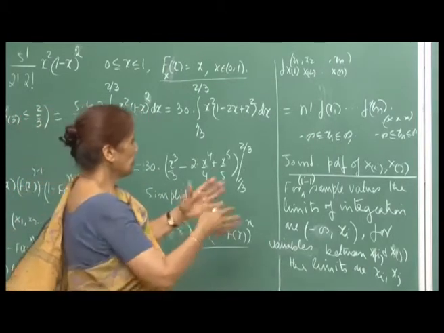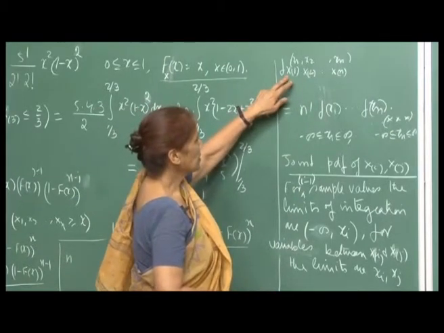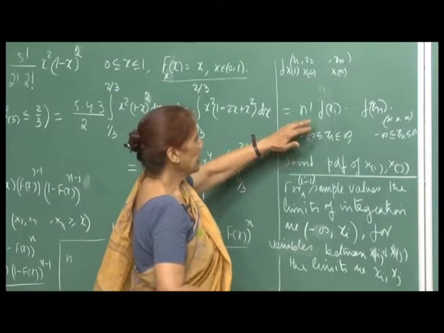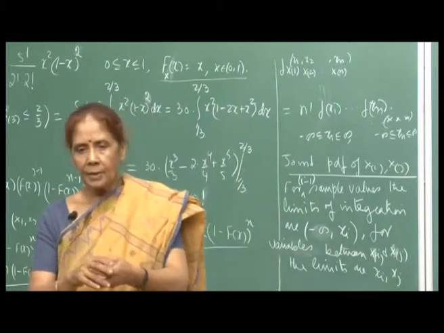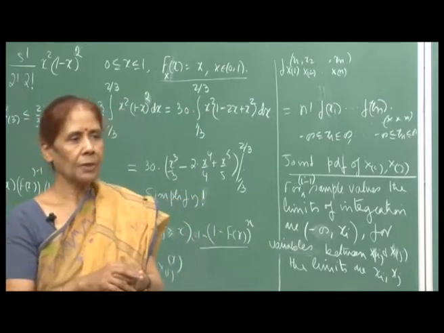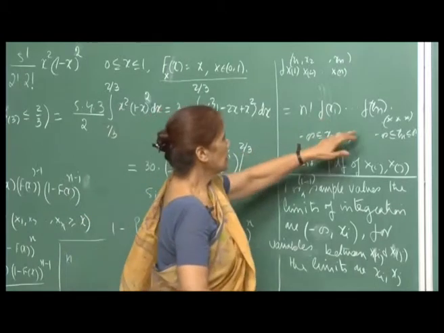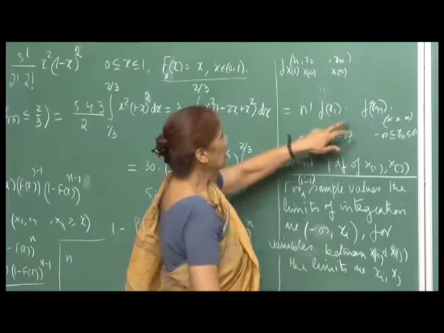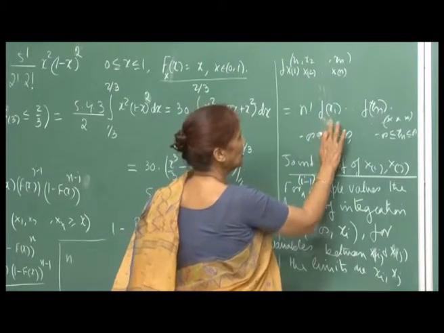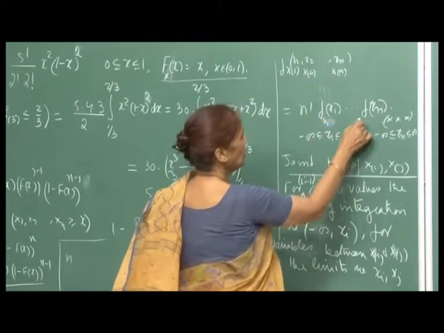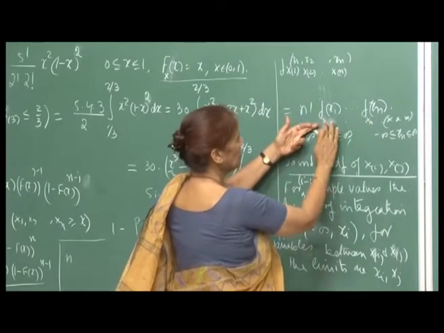So, without going into all that, we can simply say that the joint density function would be n factorial into, since the variables are independent, the joint density function of the sample values x 1, x 2, x n is nothing but the product of the individual density functions, right. I am simply saying this is x 1 and this is x n, but they are the same PDFs, so I am not writing these indices.